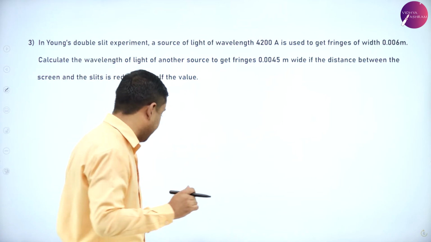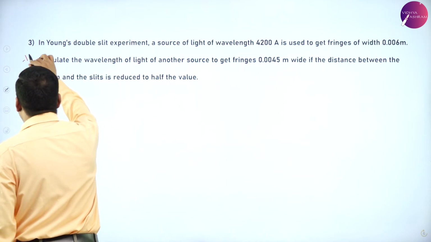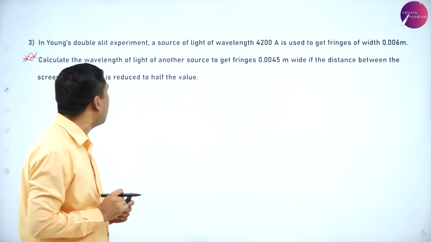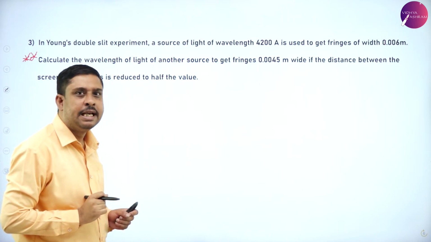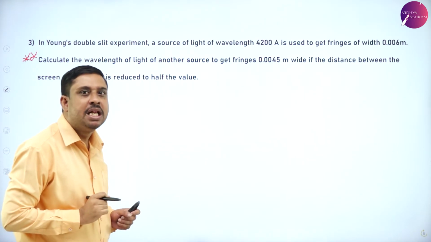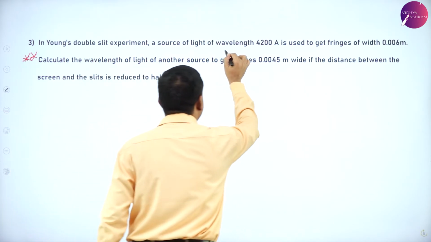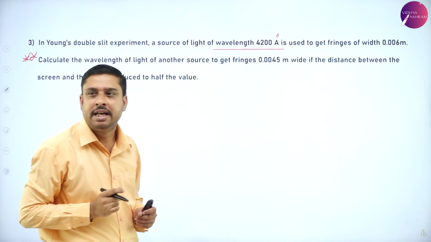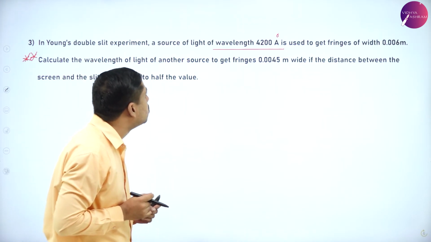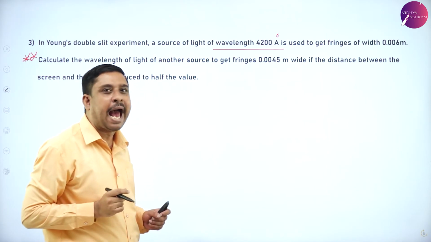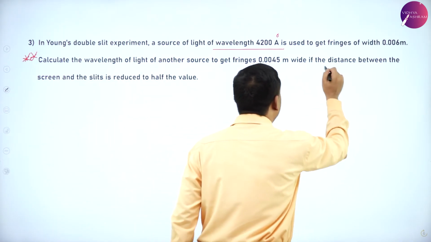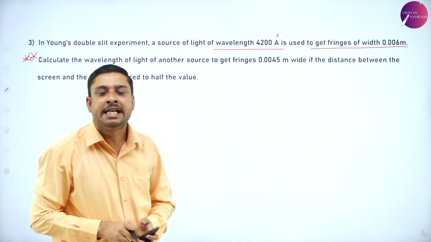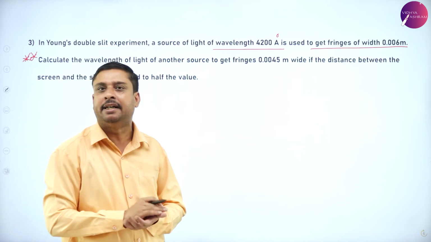The next problem, very interesting, and this is asked several times in the exam, so please do follow. Again, Young's double slit experiment. The wavelength of light used is 4200 angstrom to get fringes of width 0.006 meter.